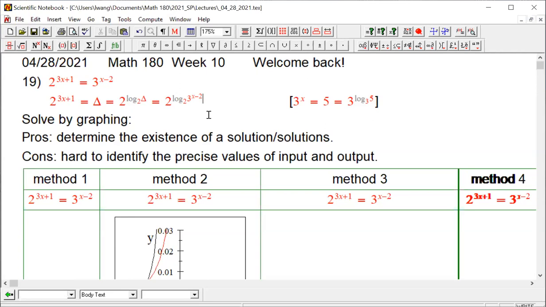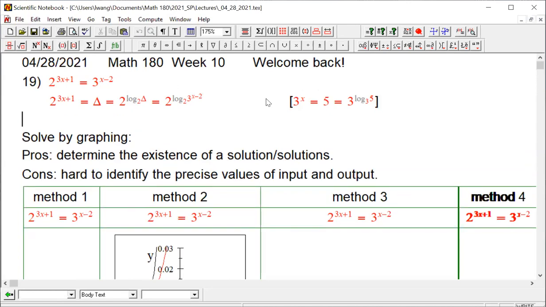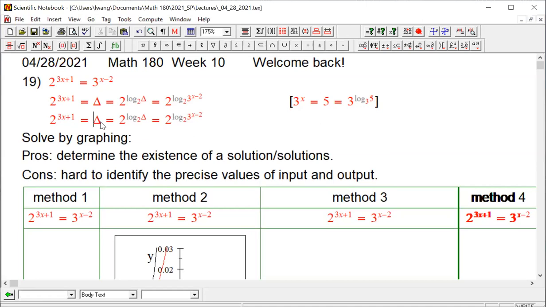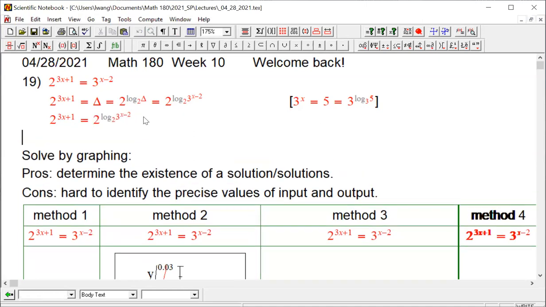But this doesn't feel like solving because you're actually making the process more complicated, isn't it? You can continue, but I'm not going to spend too much time here. So we end up with something like this.